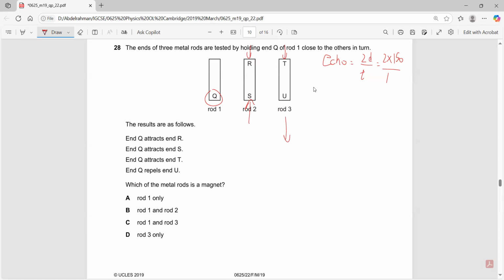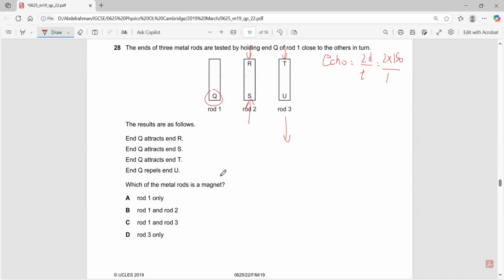When it repels, this means that both objects are magnets, right? Because both objects would have the same pole, so north and north, or south and south. So only the two magnets, not magnetic materials.